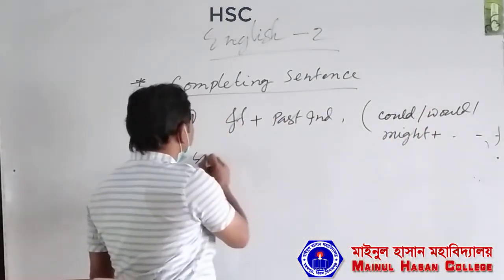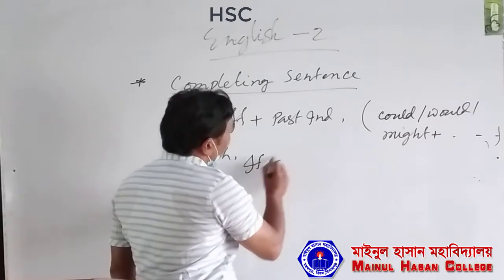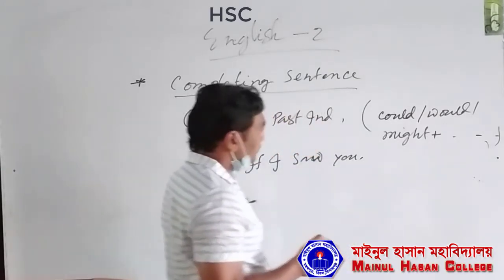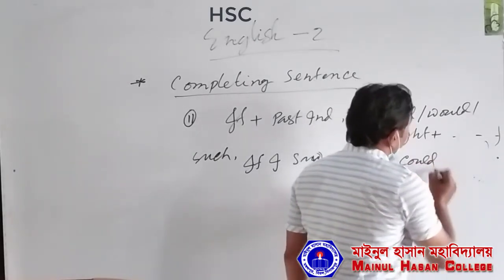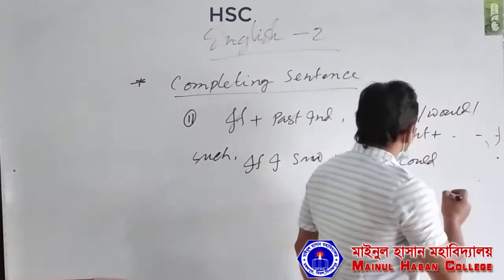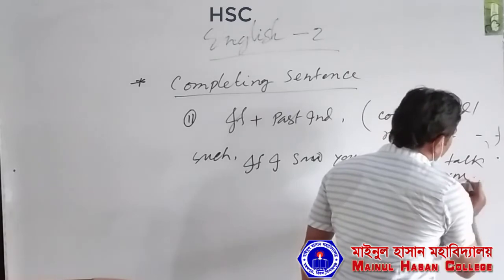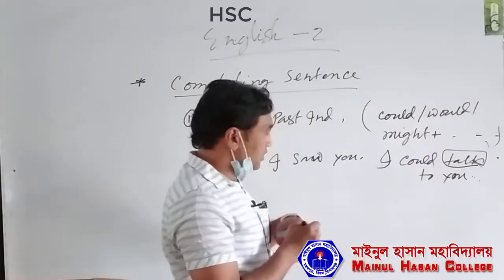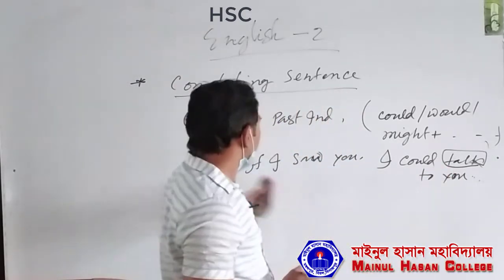Here is an example: if I saw you, I could, would or might, any one of these. I could talk to you, or I could meet you. Just a relevant verb is needed to complete the meaning of the sentence.